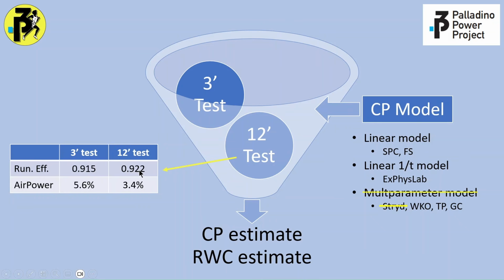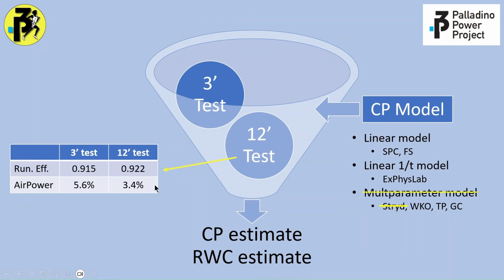So for this runner, if it's a 5K, it's going to be close to 0.92, maybe 0.91. We can at least utilize this sample along with some other samples in that intensity, say for 5K, and it becomes a useful example. You also should check air power.